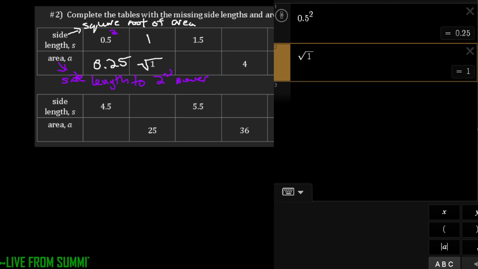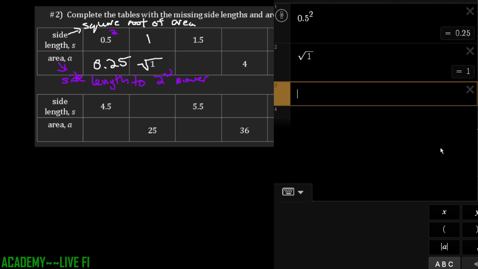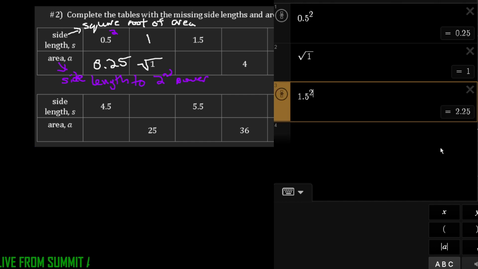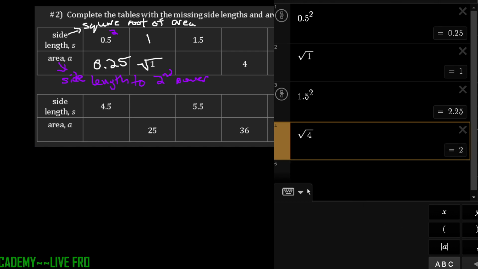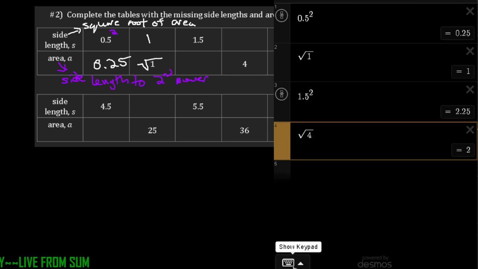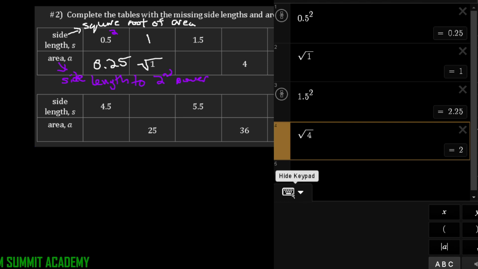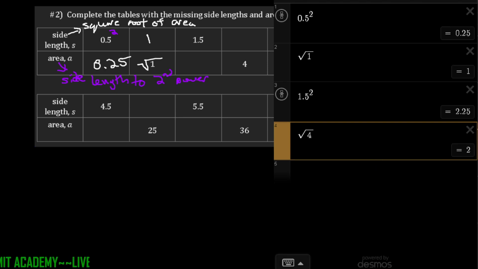Let me do two more with you. For the next one, 1.5 squared is going to be 2.25. And if my area is 4, that means I have the square root of 4. So make sure you're using this little keypad down here so you can find the square root symbol, or that radical symbol.